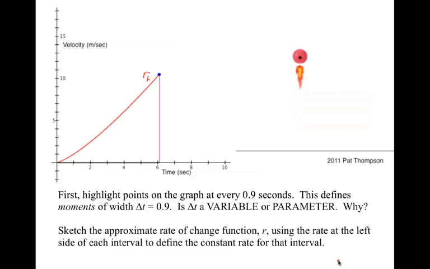The exact rate function is R sub h. That's the exact rate function.